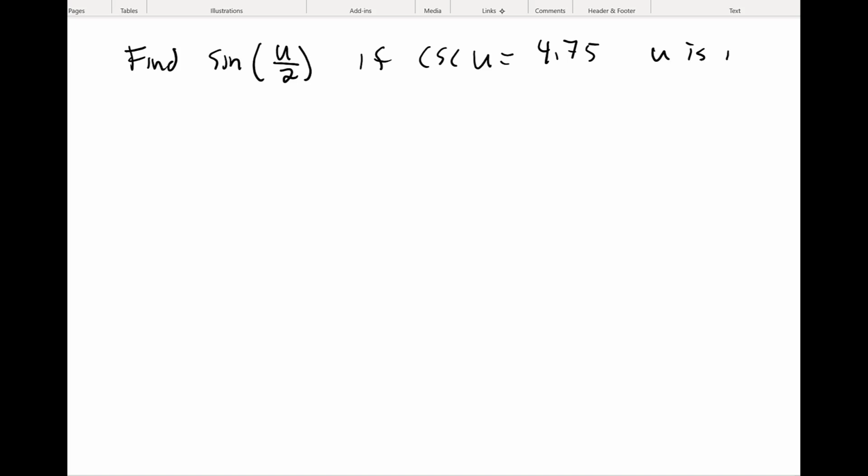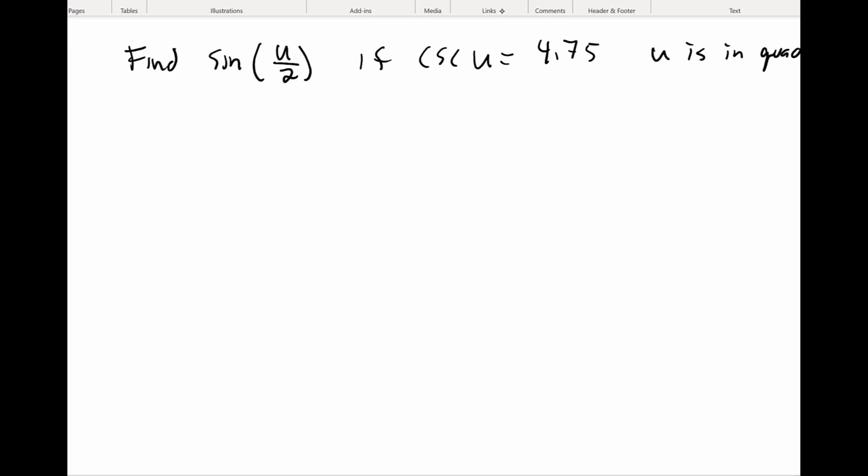Here we go. This is a half angle formula. Find sine of u over 2 if cosecant of u equals 4.75, and u is in quadrant 2. So this is a half angle formula.